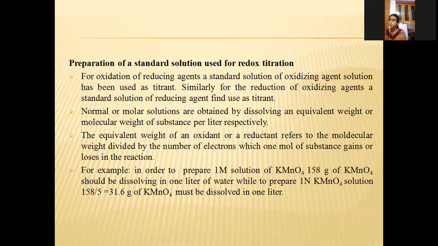The normality or molarity solution can be obtained by dissolving the equivalent weight or molecular weight of the substance per liter.